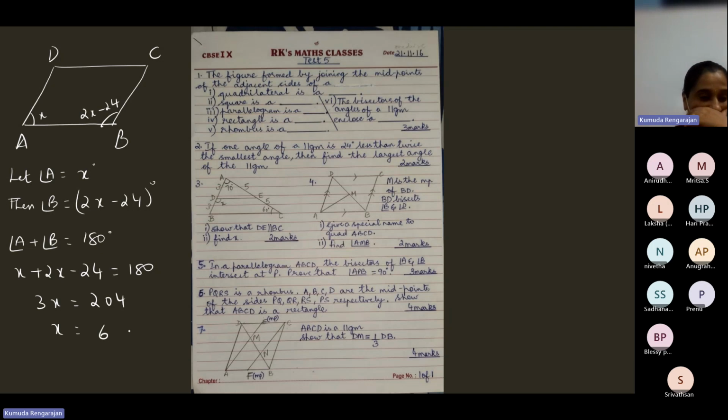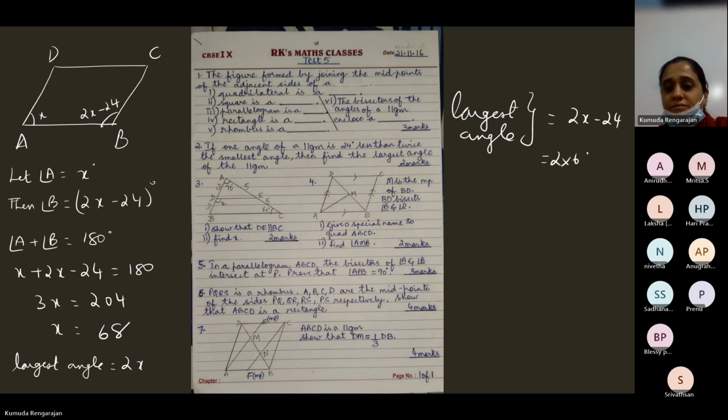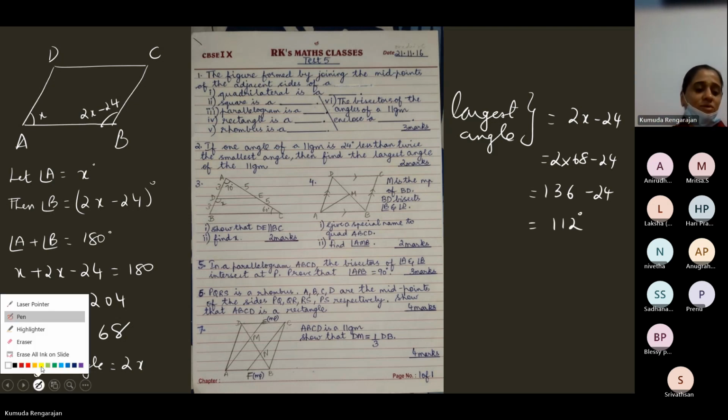Suddenly I forget the tables. 3 sixes are 18, carry 1; 3 eights are 24. So the largest angle is 2 into x. Good, Swati.